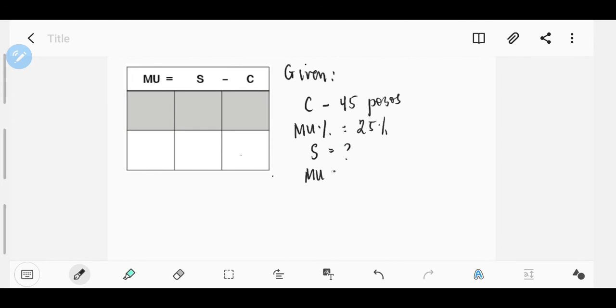Okay. So, ang given natin, laging mag-uumpisa sa given. Meron tayong cost na 45 pesos. Meron tayong markup rate na 25%. Ang hinahanap natin is the selling price, pati na din ang markup. So, lagay natin sa table kung anong meron tayo.